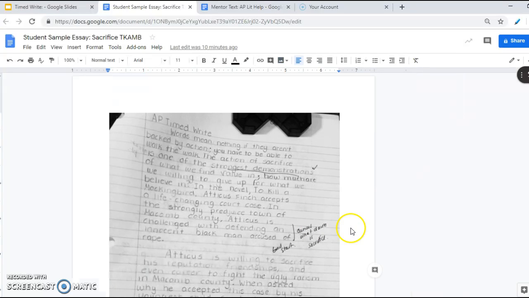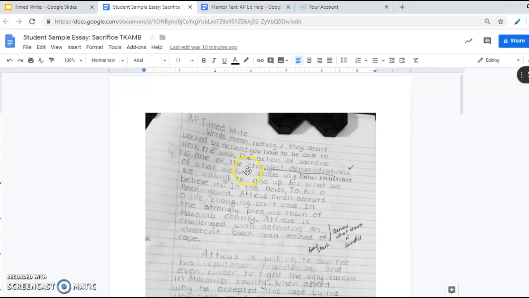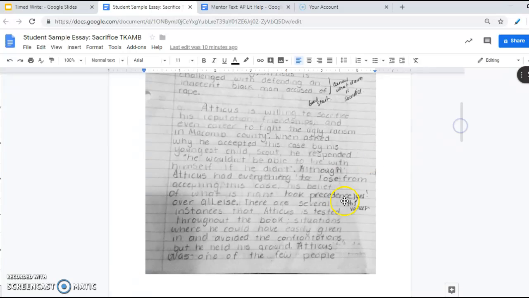It comes back to the prompt multiple times. So if you notice right at the beginning, the general discussion is sacrifice and value. Like the person is bringing those two themes in because those are the two focus themes of the prompt. And then what happens is they move into right here, values, where they talk about how it shapes Atticus.